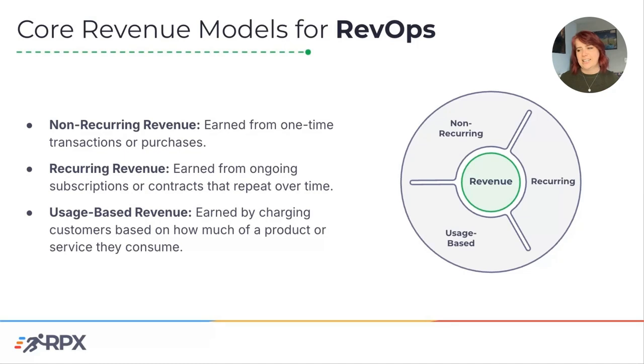I'm actually going to start here in the middle with recurring revenue because that's the most commonly used revenue model for SaaS businesses. It's the model that shows revenue from ongoing service subscriptions or contracts that repeat over time. Depending on the company, you might see revenue goals reflected as monthly recurring revenue, MRR, or annual recurring revenue, ARR, something like that.